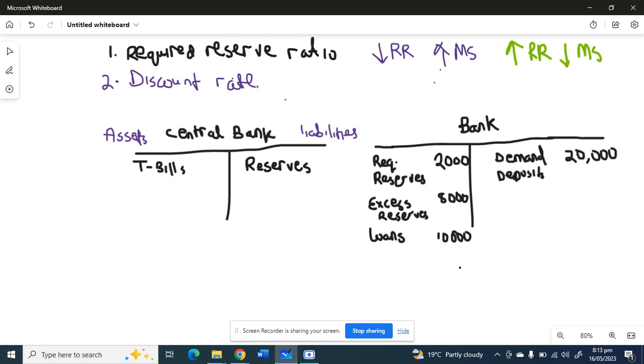So commercial banks usually borrow money from the central bank, especially when the excess reserves in a commercial bank reach zero and banks don't want to touch this money for loans. They go to the lender of last resort, which is the central bank.